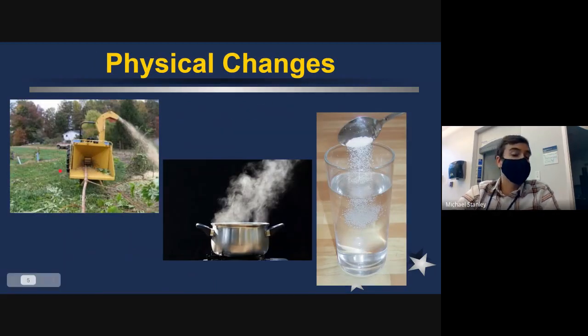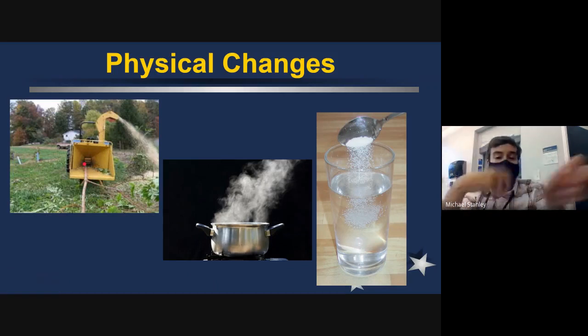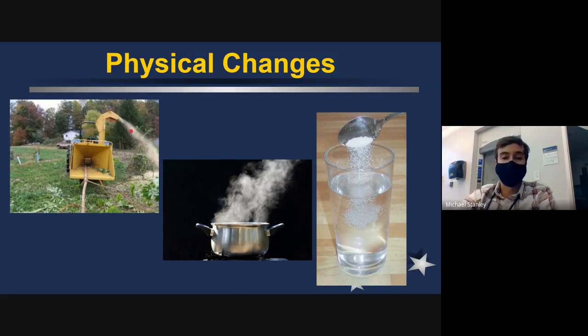Other really good examples of physical changes would be putting pieces of wood through a wood chipper. Right, you have a big piece of wood, some sort of big log or branch going in on one side, and then it gets all ground up and spit out into sawdust on the other side. This is wood, and this is also wood.